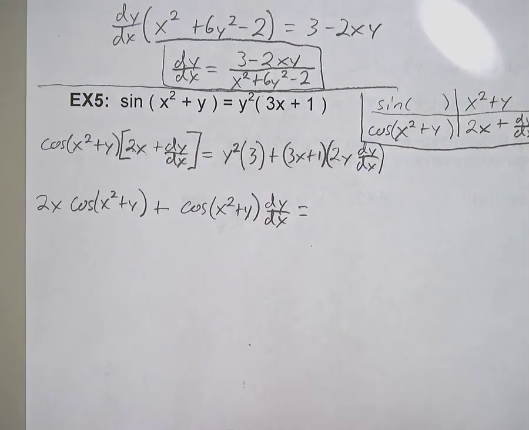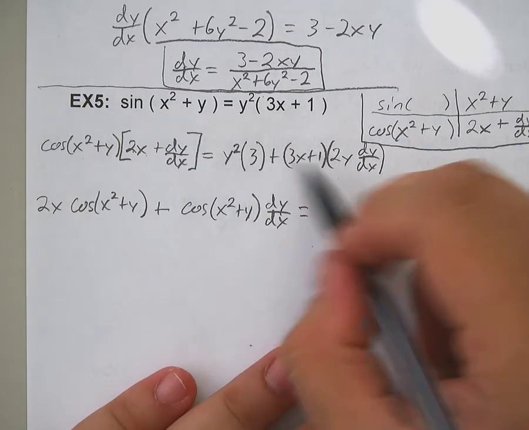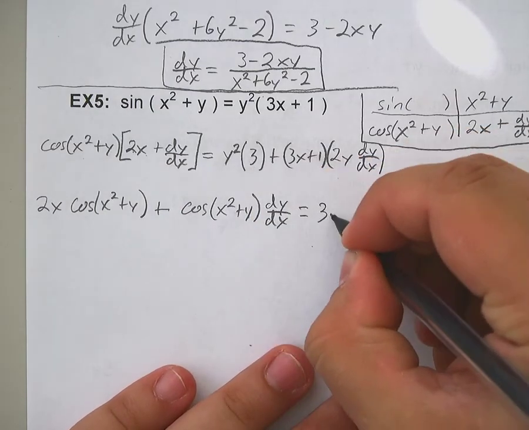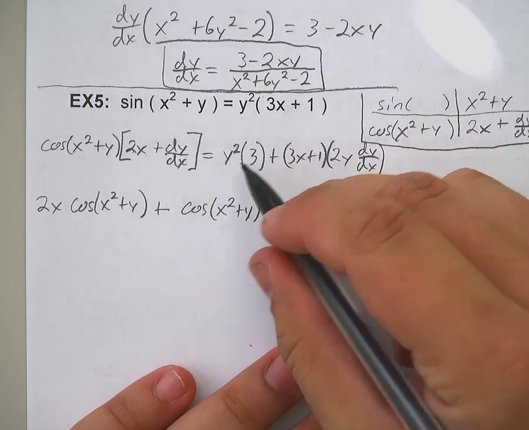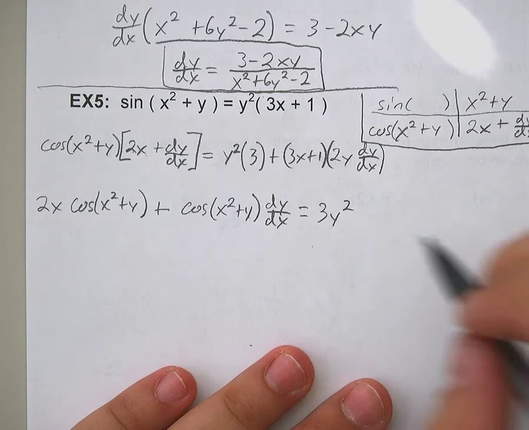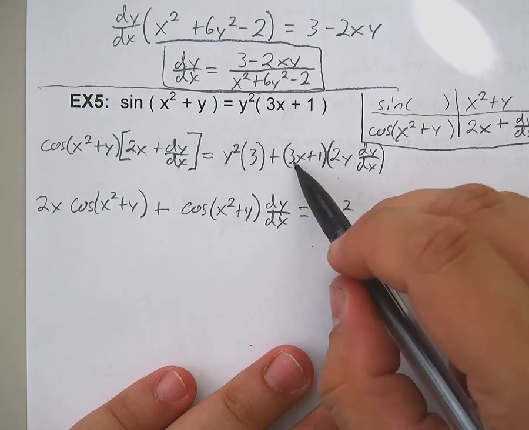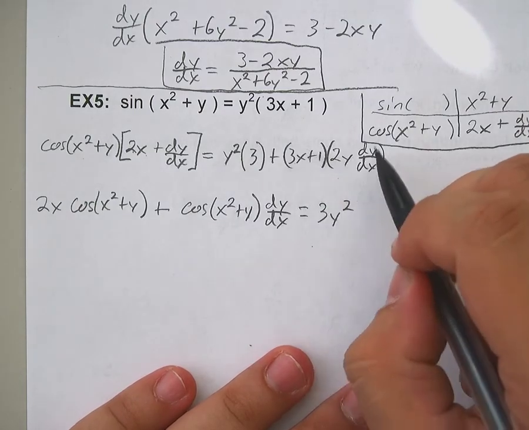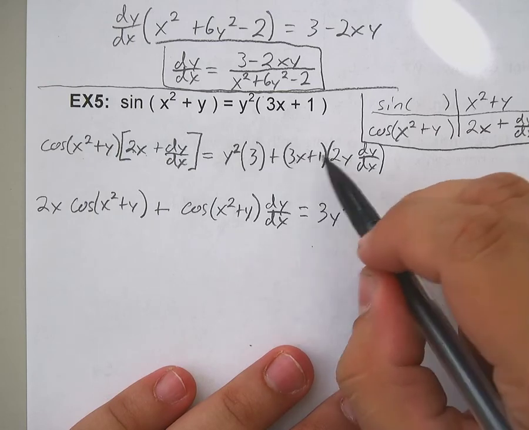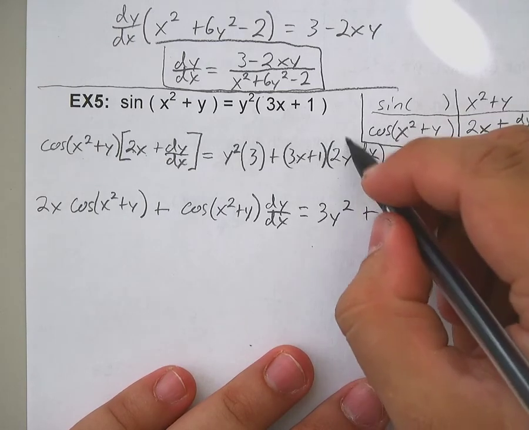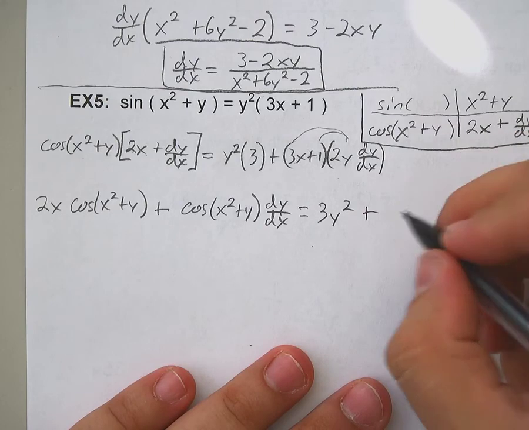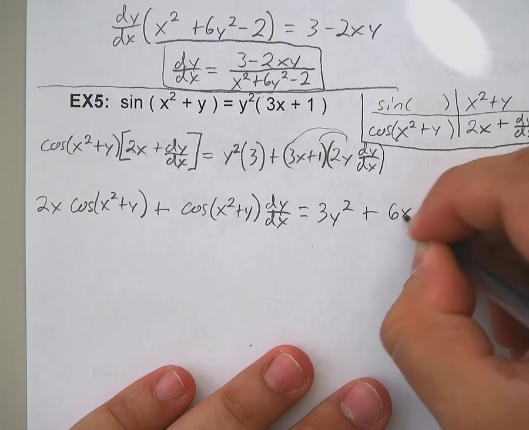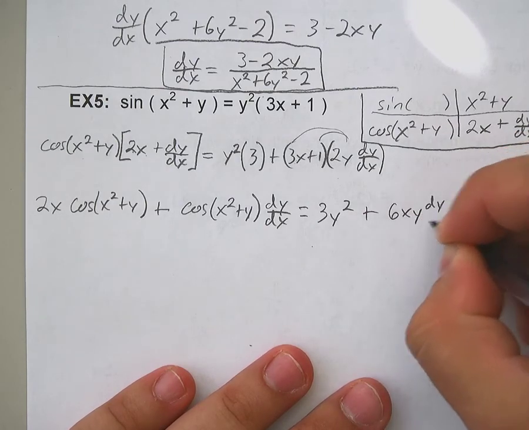And that's going to be equal to, let's go ahead and simplify this thing out. We've got a 3y squared from this guy right here, 3 times y squared. Then we've got 3x times 2y dy dx. So 3 times 2, if you distribute this into here and here, 3 times 2 is 6xy dy dx.